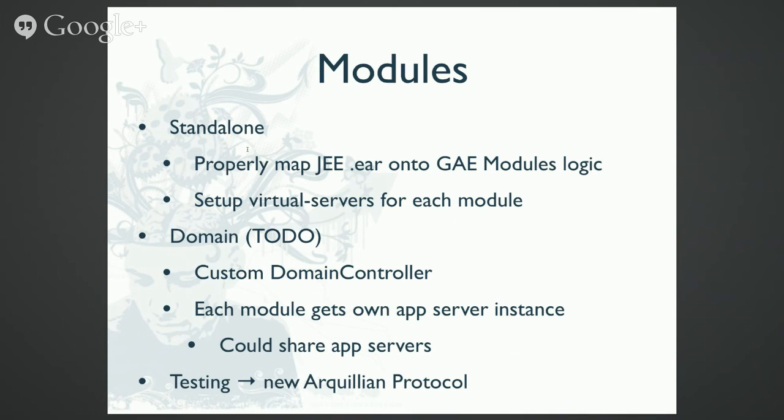They still share the same data store, task queue, and so on. For example, when you want to do a JUnit test, you want to invoke one test in one module, putting something in the data store, and then grab the same data out of it from a different module, right?